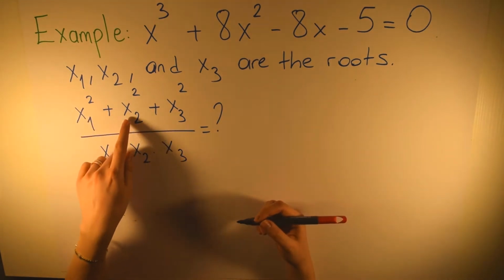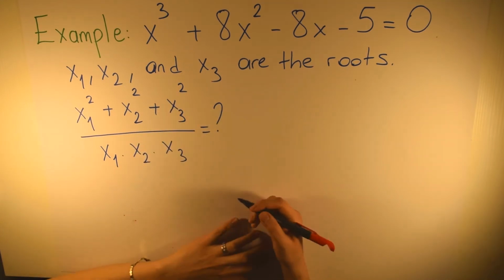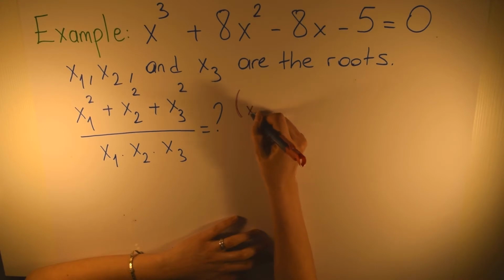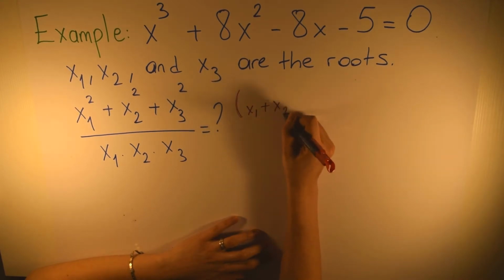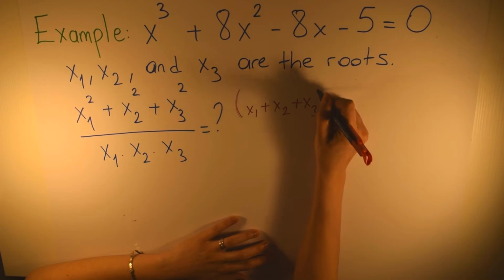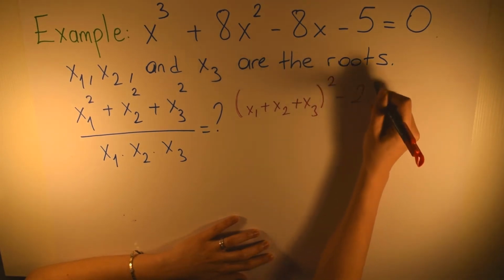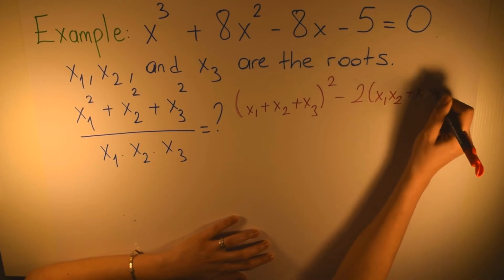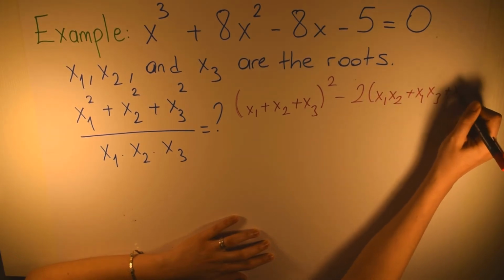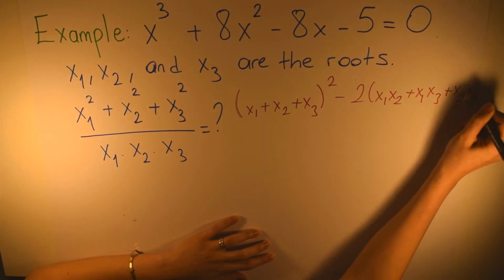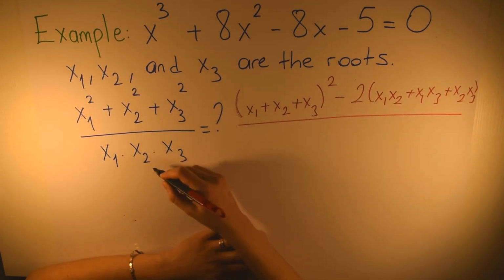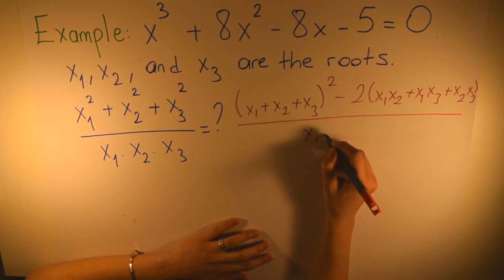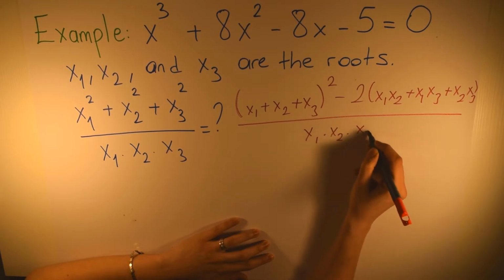I can write this expression as (x1 plus x2 plus x3) squared minus 2 times (x1 x2 plus x1 x3 plus x2 x3), over x1 times x2 times x3.